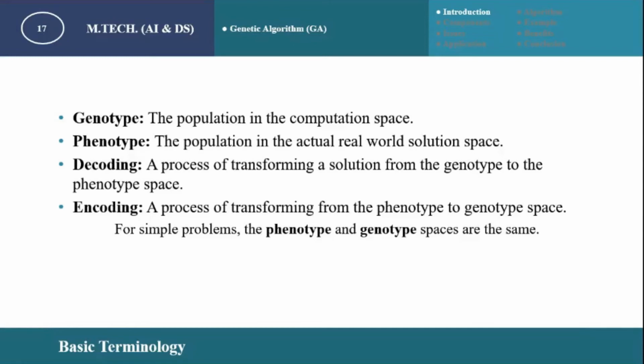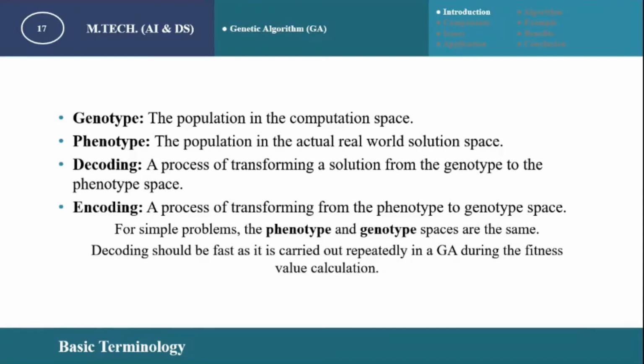In both genotype and phenotype, using this permutation representation, the spaces are the same. That is, both have the same space of 9 factorial elements, consisting of all the permutations of numbers from 1 to 9, where the numbers represent the cities.